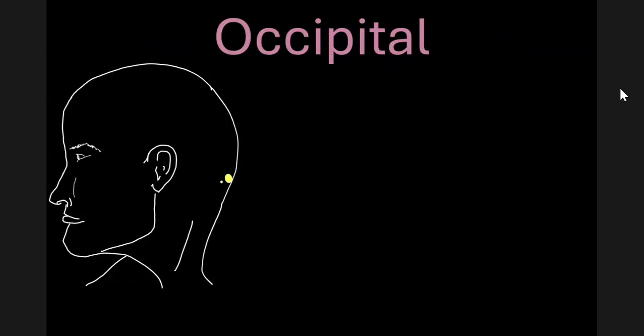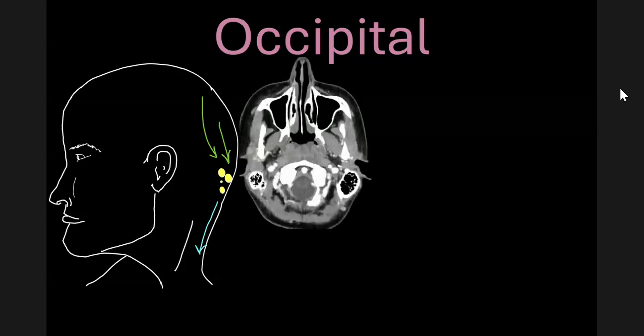Then occipital lymph nodes, there are several different kinds of occipital lymph nodes. They usually drain the scalp of the occipital region, and they generally drain into the level 5 lymph nodes, but can also drain into the level 2 lymph nodes. They could be suprafascial, which is outside the fascia here, so they are above the fascia.